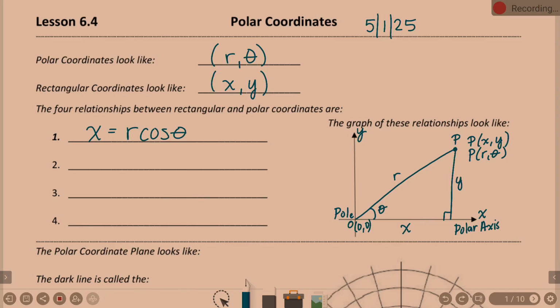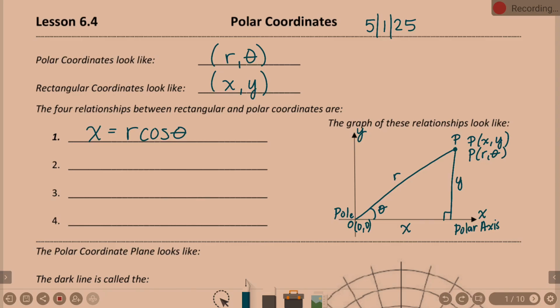You can also think this way, guys. Theta. What's cosine? Cosine is adjacent over hypotenuse. So the cosine of theta is technically equal to x over r. But if you take the r and multiply it over, x is equal to r cosine theta. Take a guess.